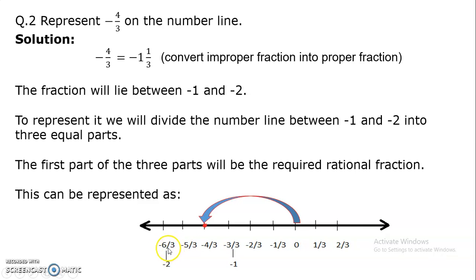Now this 6 by 3, you can cancel and you will get 2 over here. Understood? So the first part after minus 1 will be 4 by 3, and this you can represent with this arrow like this. So the first part of 3 parts will be the required rational fraction. This can be represented as this.